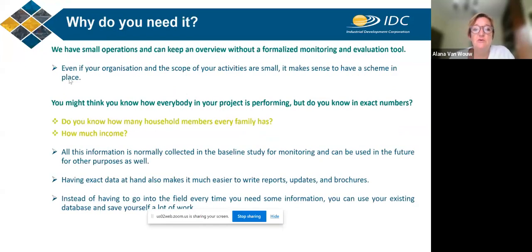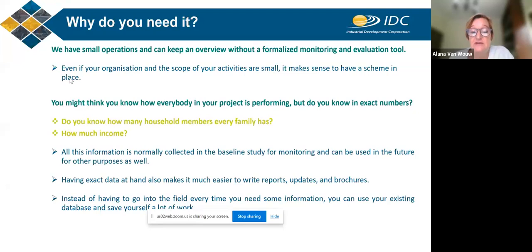Okay, so I've put in a few little questions because it's come up within the DDs that I've done. A lot of people say, okay, well, they have a small operation. They can keep an eye on everything. They know what is happening, where, and how. Why do they need such a big system? So the question that I have to ask them is, how many household members has each family had?